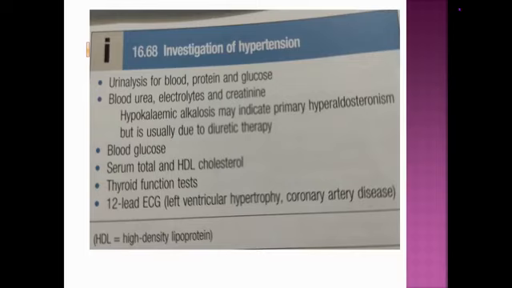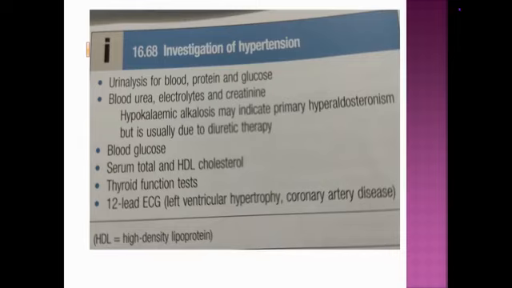Blood urea, electrolytes, and creatinine, mainly renal function tests. It is called baseline renal function test, to see whether any complication has occurred or whether it is secondary to renal disease. Blood glucose is mandatory for all patients, to see the glucose status of the patient, who may also suffer from diabetes mellitus. Serum total and HDL cholesterol, or you can say here the fasting lipid profile.